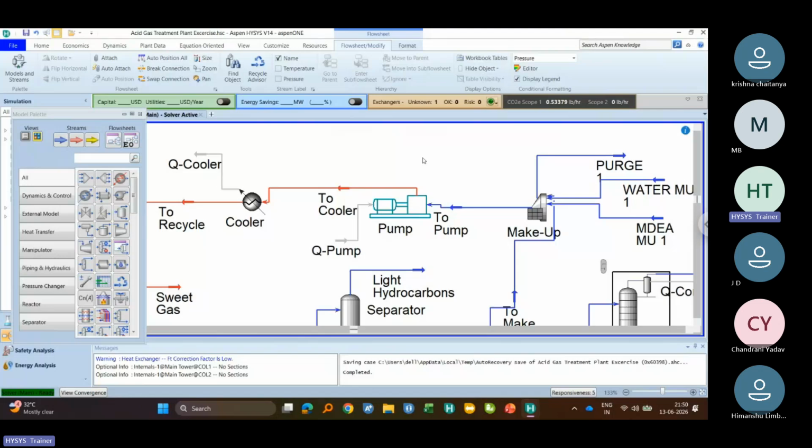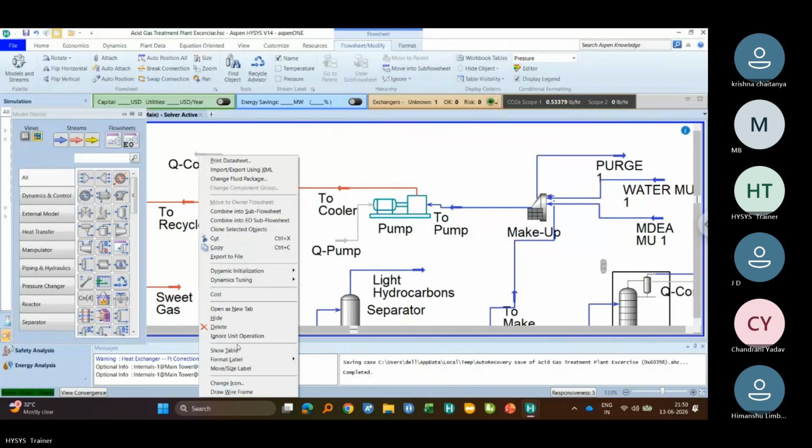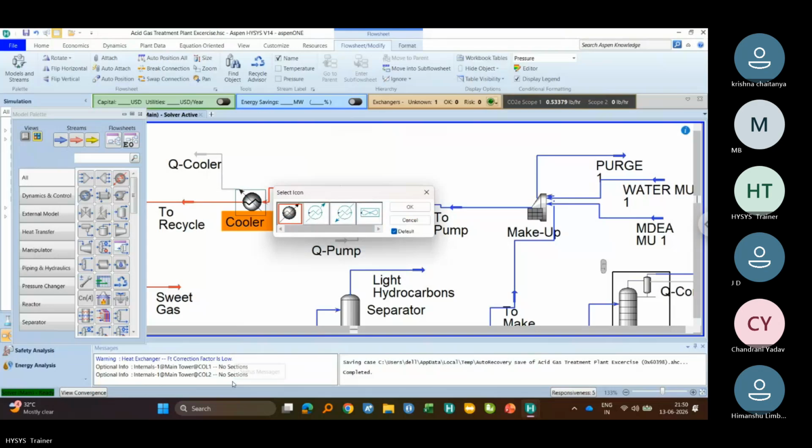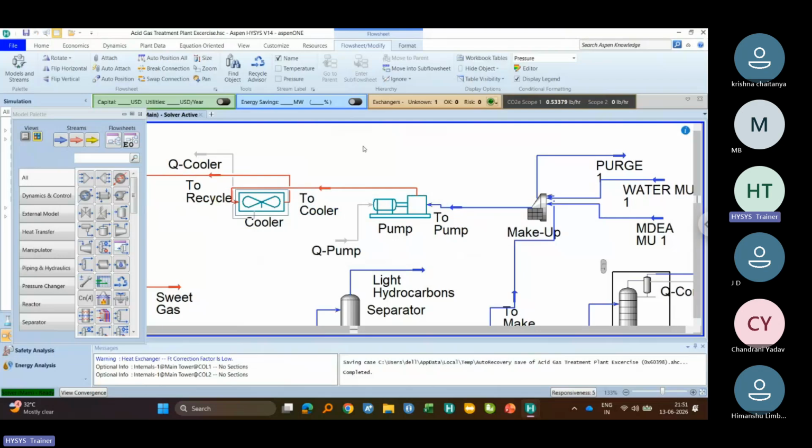Similarly, if I want to change the icon for my cooler, I will just click on that cooler, right click, change icon, and if I want to show this symbol like a fan, you'll see that it will be changed to that symbol.